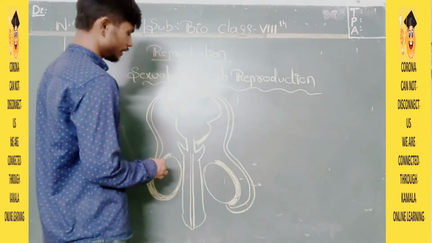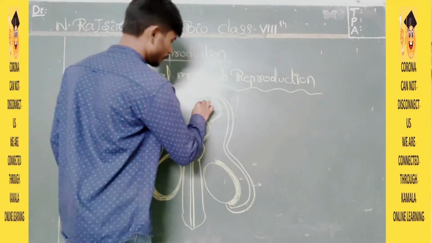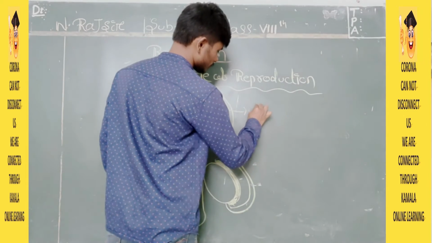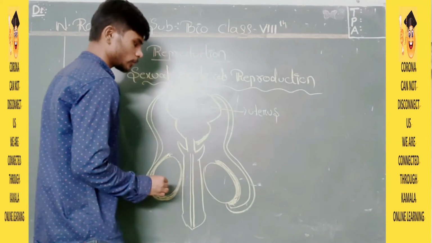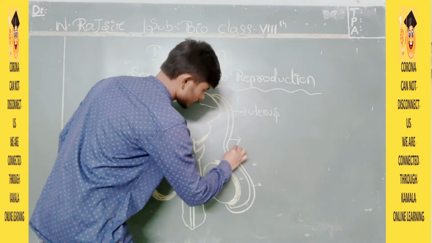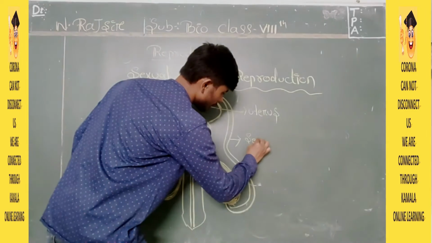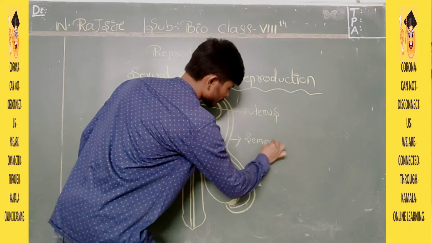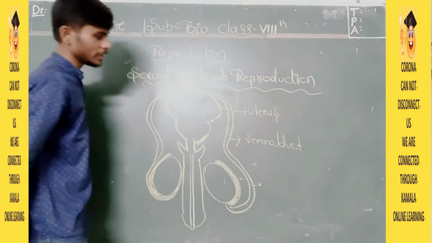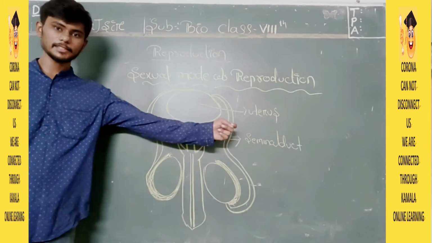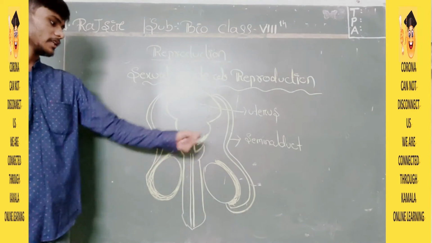Now here, this is called the uterus. Labeling is very important. This is called the seminal duct. Two seminal ducts are there, one seminal duct here and one seminal duct there, this pipe and that pipe.